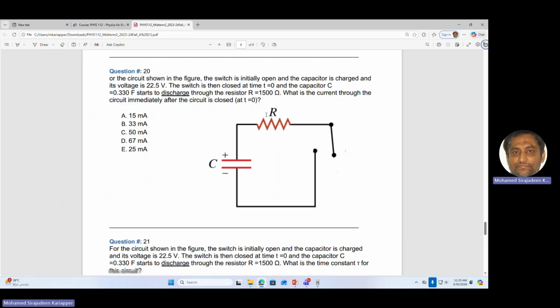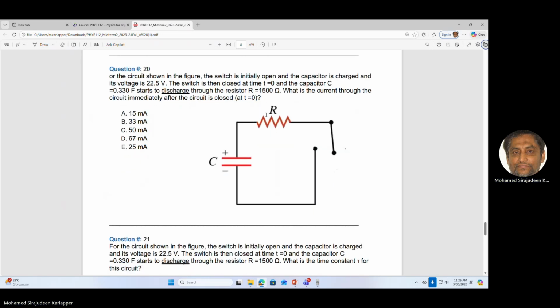So, number 20. We have a capacitor. Let me read the question. For the circuit shown in the figure, the switch is initially open and the capacitor is charged already, and its voltage is 22.5 volt. So that much charged. The switch is then closed at time t equal to 0, and the capacitance of the capacitor is 0.330 farad, and it starts discharging.